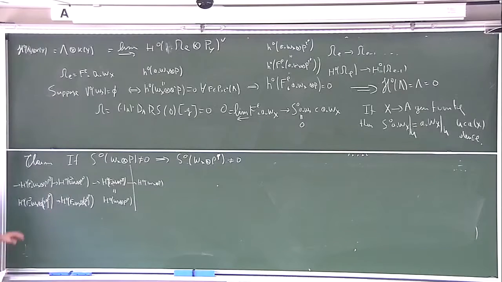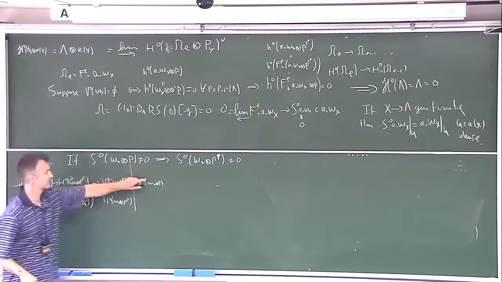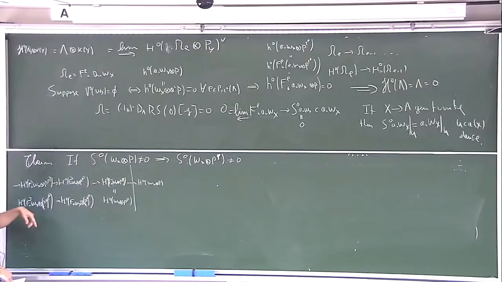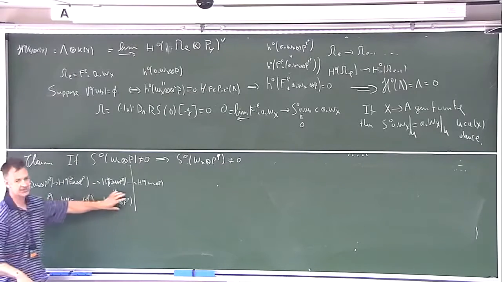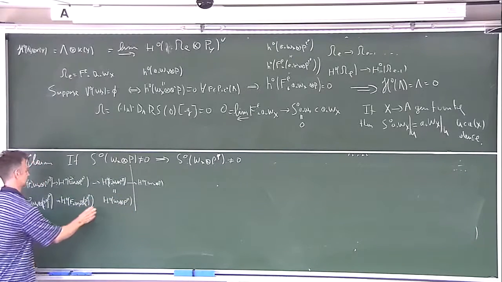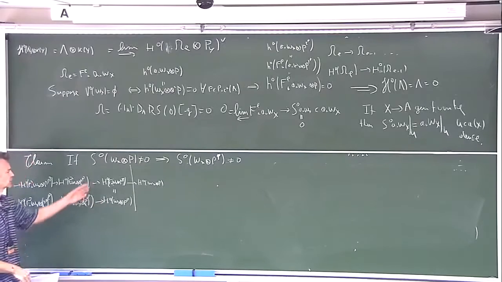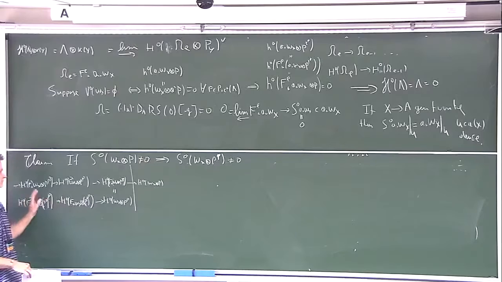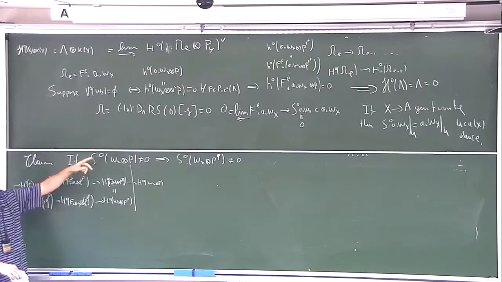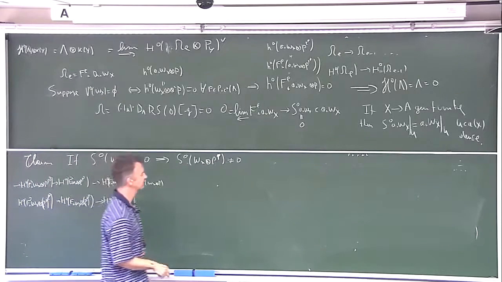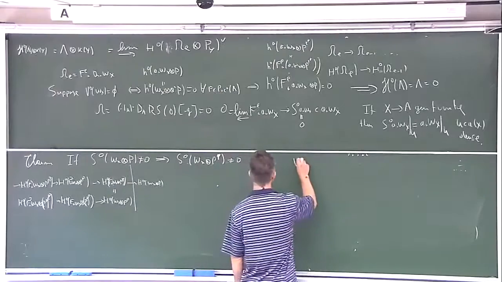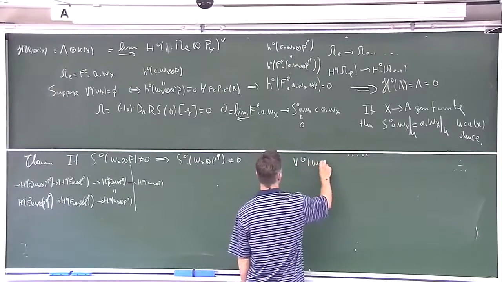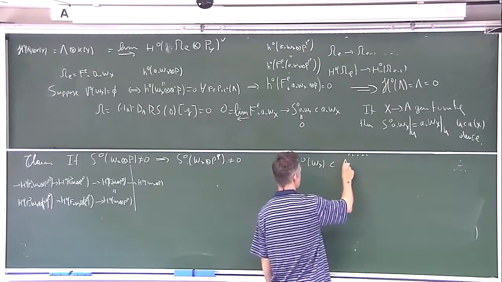So if all of these maps are non-zero, then all of these maps here have to be non-zero. I can probably show that the dimensions of these two spaces are the same as well, but this argument just shows that if this is non-zero, then the other one is. Now think of V0 of omega_X as being contained in A hat.